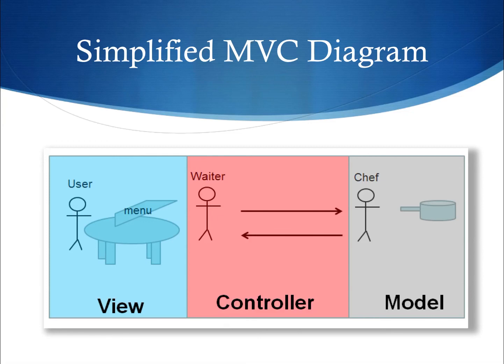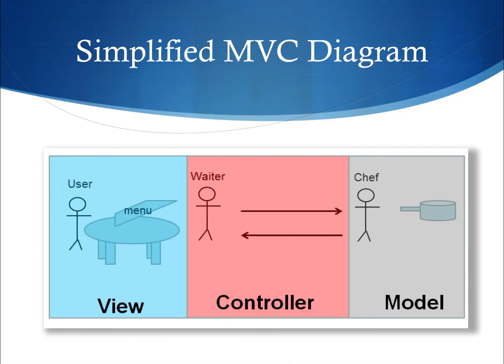Also, we have the waiter that gets the information from you and takes it to the chef in the kitchen. Imagine that the waiter is the controller layer, and we have the model, also known as the business layer, all right.